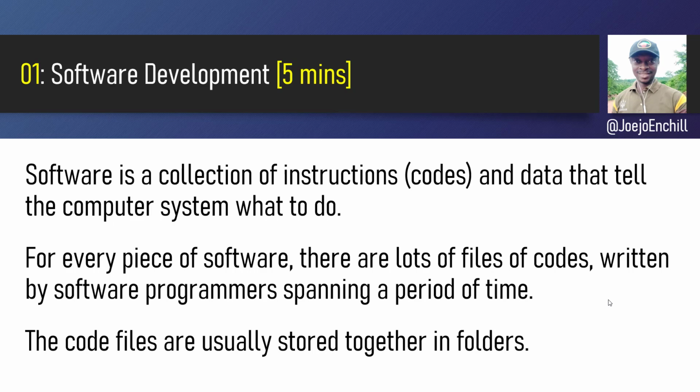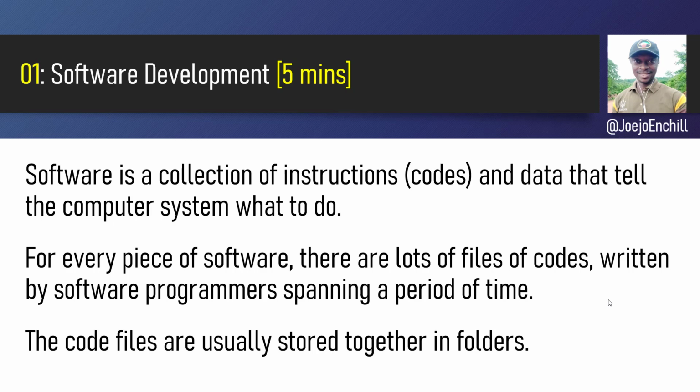Now, software is created by professionals we call software developers or software programmers. These programmers write series of instructions or codes and determine how this code should use data to control the computer system. Now, for every piece of software, the writing of codes takes some time depending on the functionalities involved.